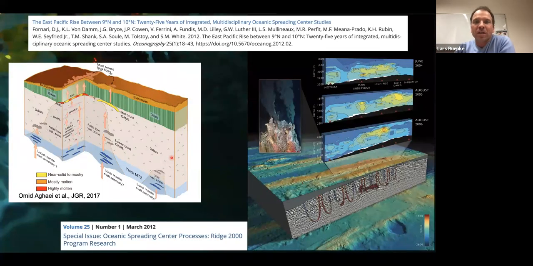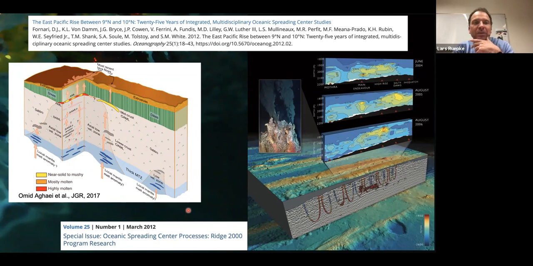So one of these focus sites has been the East Pacific Rise at 9 degrees north. This is Endeavour, this is a cover picture of this great special issue from the Ridge 2000 activities. And there have been all these review papers, all the different data sets on the East Pacific Rise.